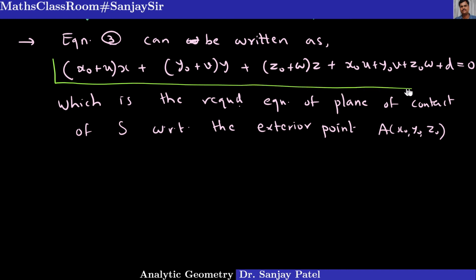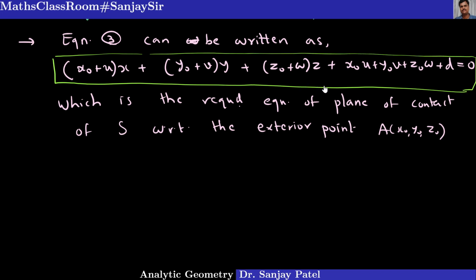It is same as the equation of tangent plane of a sphere for the general equation, and you know, there we have alpha, beta, gamma in place of x0, y0, z0, and the equation is exactly same. Okay, and as a corollary to this result, I can write the equation of plane of contact for the standard equation of the sphere.